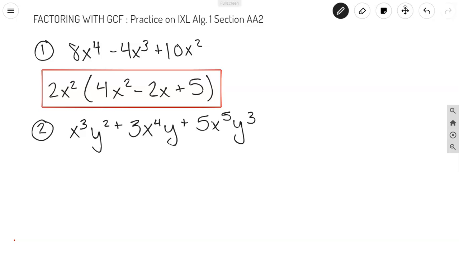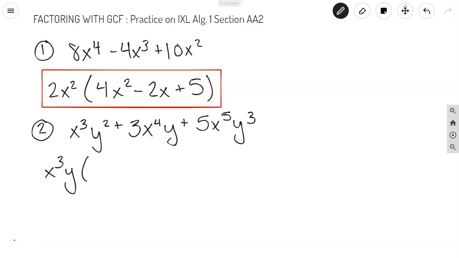The greatest number that can go into 1, 3, and 5 is just 1, so I'm not going to worry about it. If it's just 1, you leave it because 1 times anything is itself. So I go with the variables. This has x^3, x^4, x^5, so they all have at least 3 x's, so I do x^3. This one has a y^2, a y, and a y^3, so they all have y's again, but this one only has 1, so I can only take out 1.